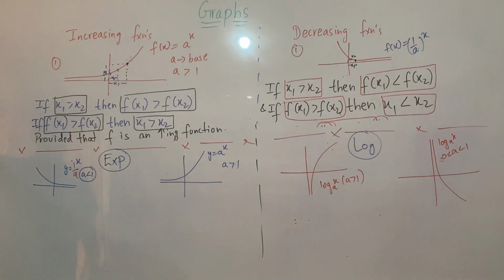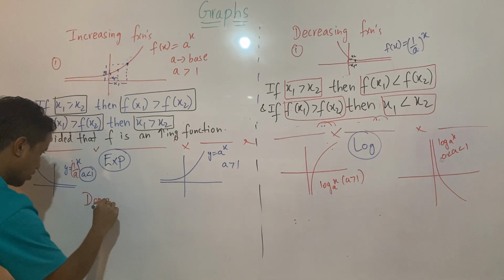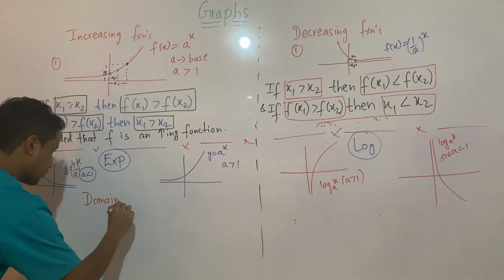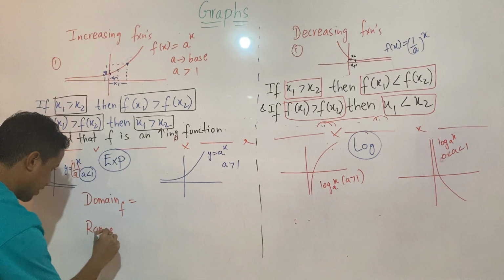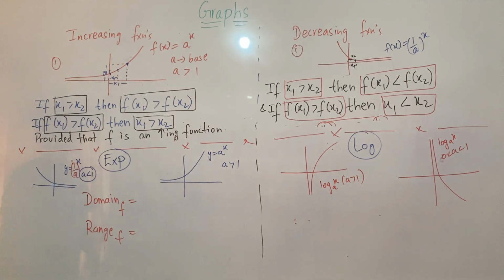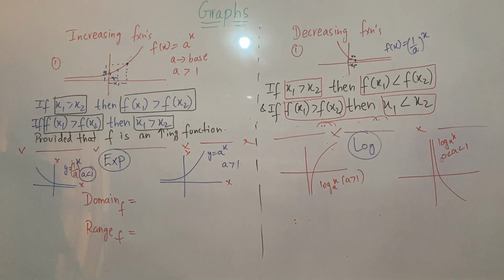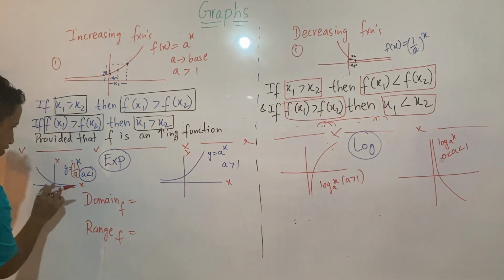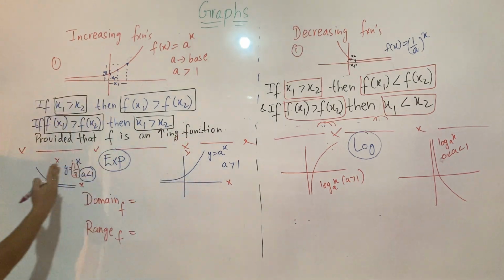So here, what's going to be the domain and range of these exponential functions? If you look at the domain, this is x, this is y. The domain is that it can take any values from this side of x, and any values from this side of x.